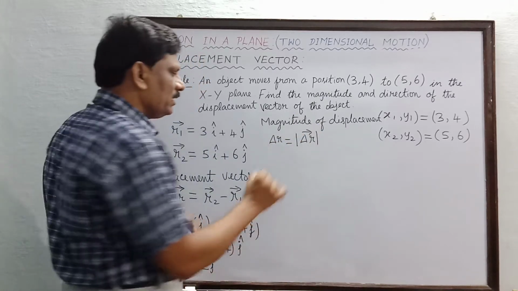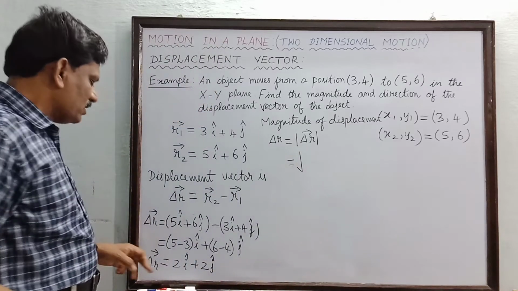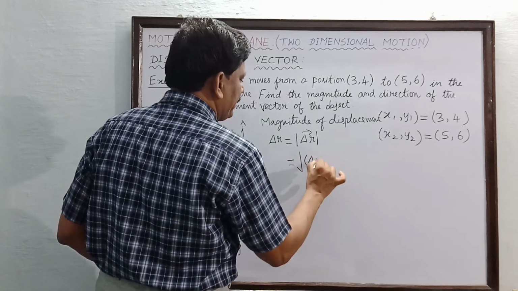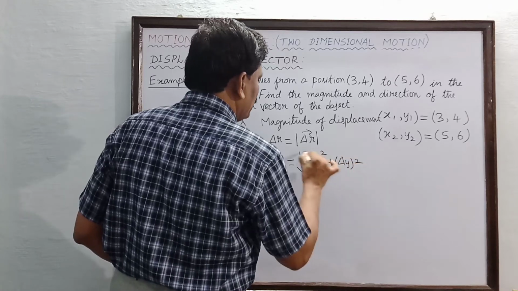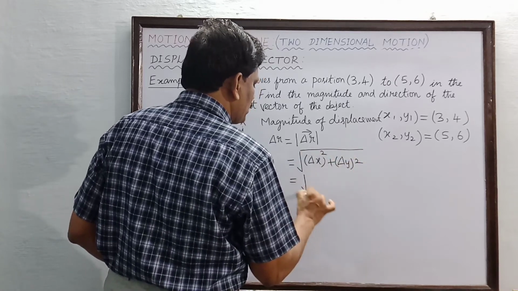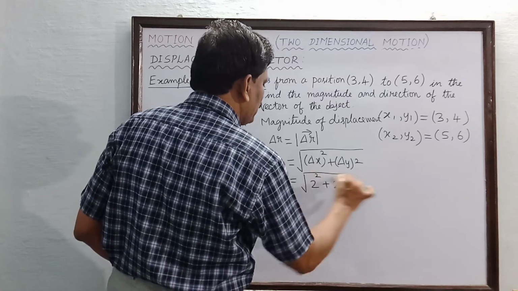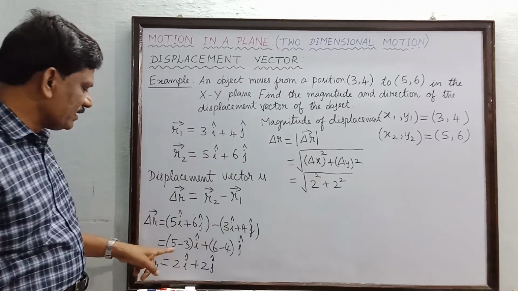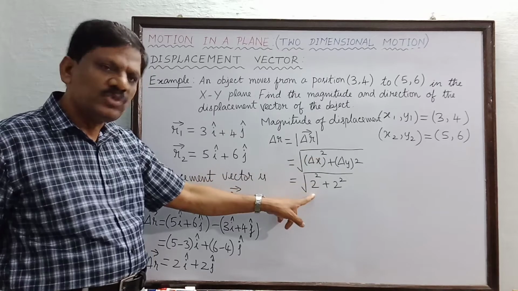This is equal to the square root of delta x square plus delta y the whole square, which is the square root of 2 square plus 2 square. The change along the x-axis is called delta x. Delta x is 5 minus 3, that is equal to 2. So delta x square is 2 square.